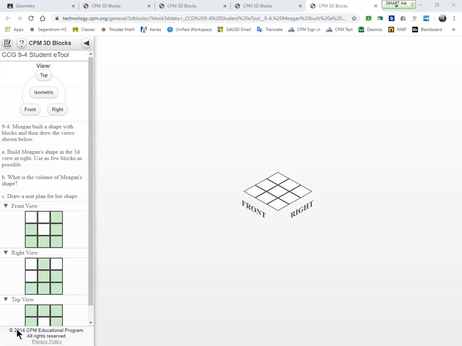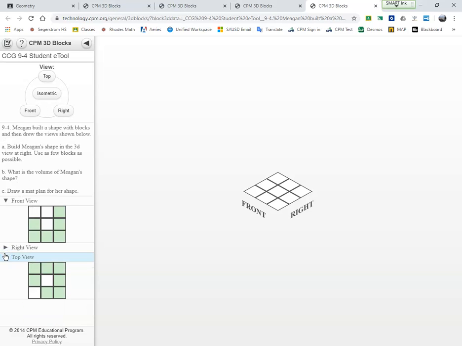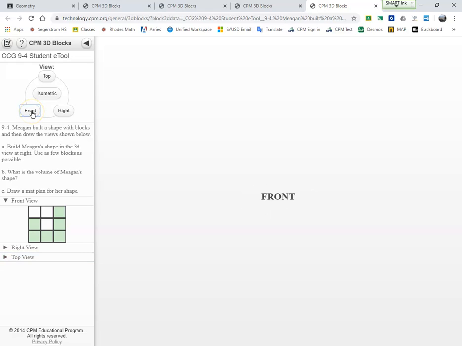So here we are with the Megan shape. First we're going to start with the front view. So let's get rid of the right view and the top view. So let's just look straight at the front. Okay, I can't see anything. So let's see, can we add blocks with the front view? No, you can only add blocks with the isometric.